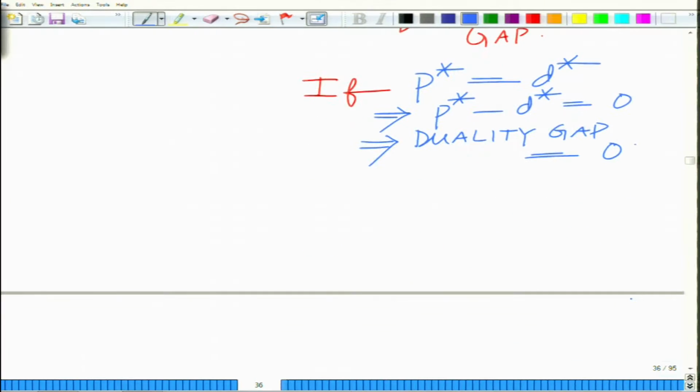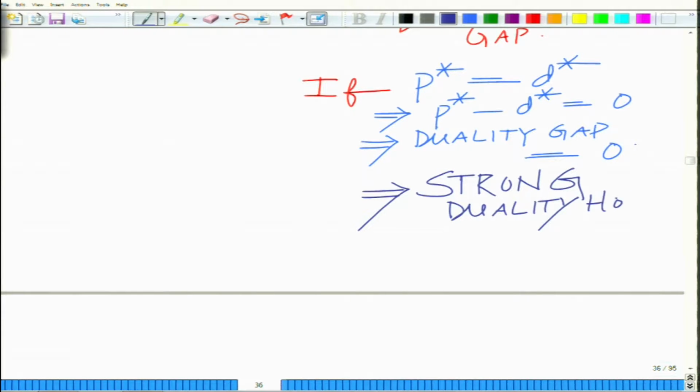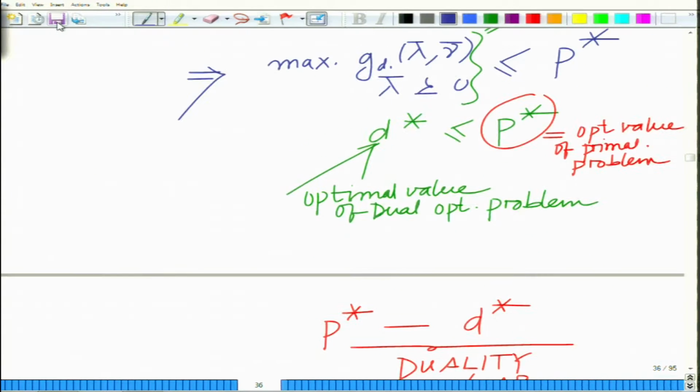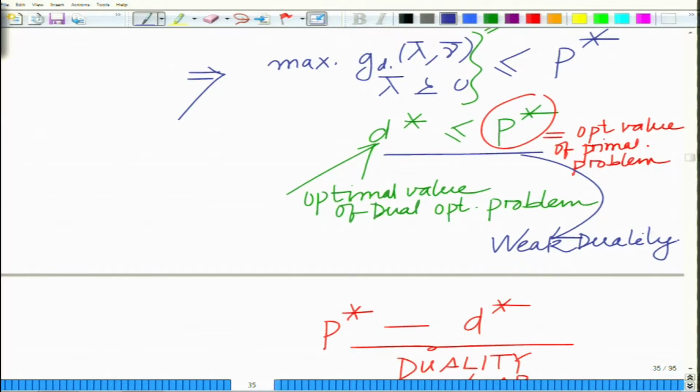Now, when this happens, it is said that strong duality holds. So, this implies that strong duality holds for the problem. Otherwise, if d* is less than or equal to p*, this is simply weak duality. This is simply weak duality, this always holds.